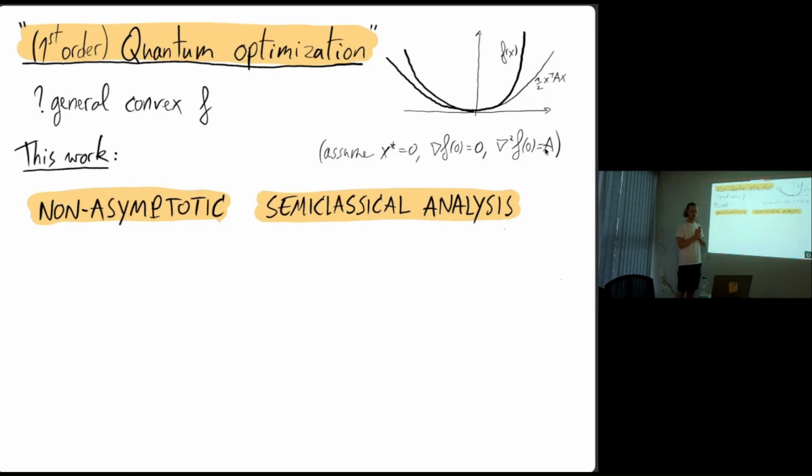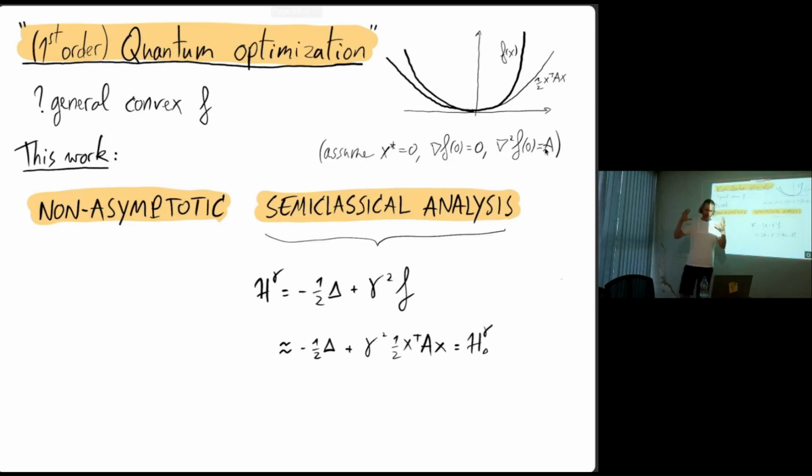Okay, so I'm going to explain these words. We'll start with semi-classical analysis. This is again this old textbook stuff. What it's telling you is that instead of taking your original operator H, let's add this extra parameter gamma squared, and we're going to make it large.